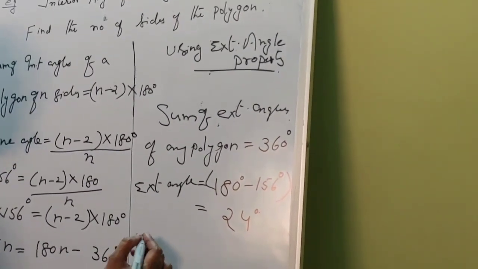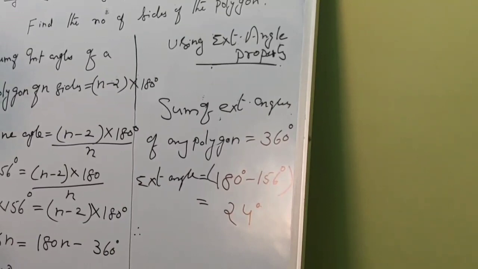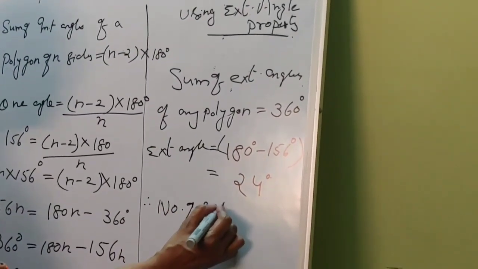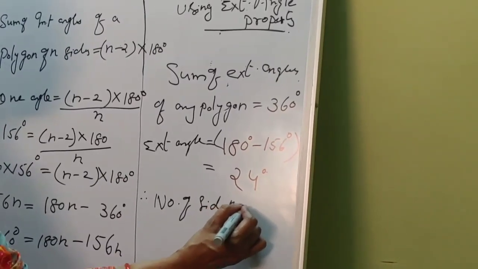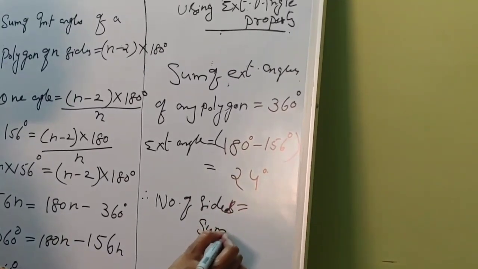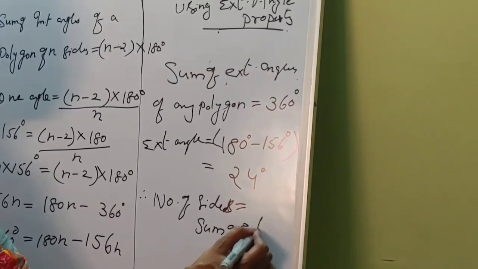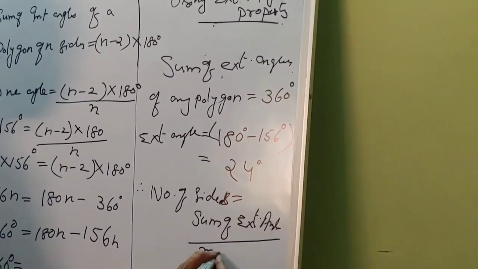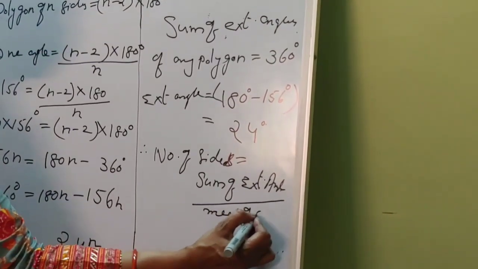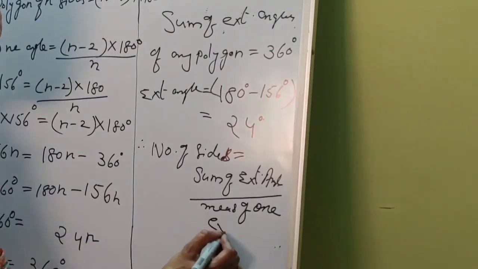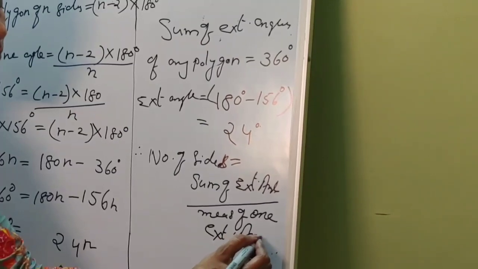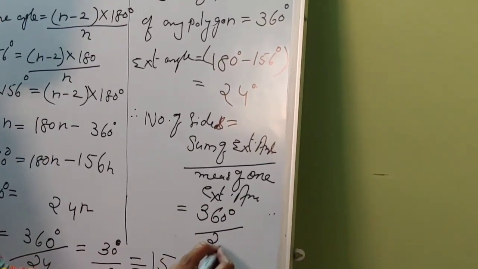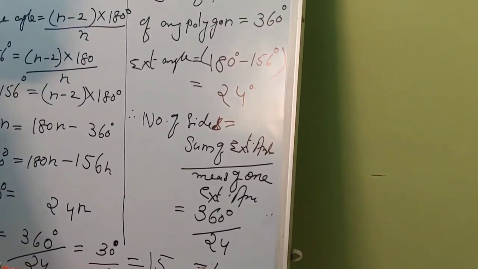Therefore, number of sides is equal to sum of exterior angles upon measure of one exterior angle, that is 360 by 24, which is equal to 15.